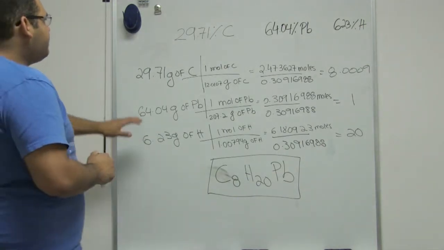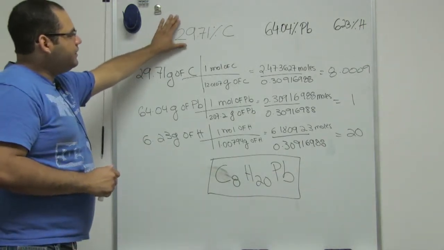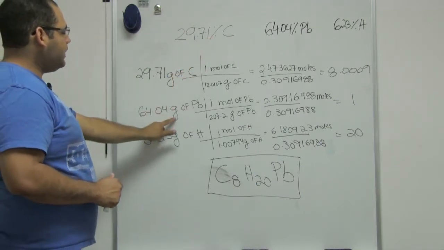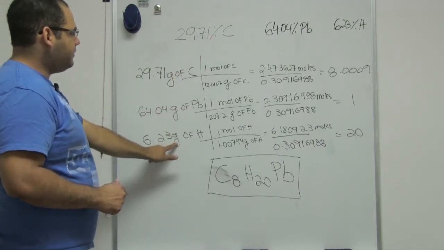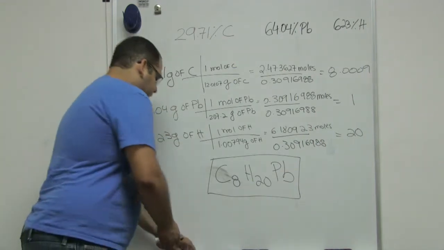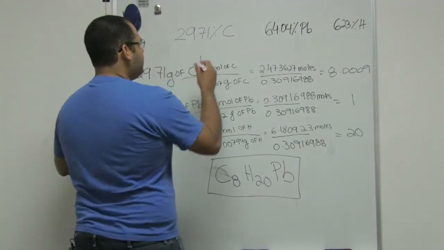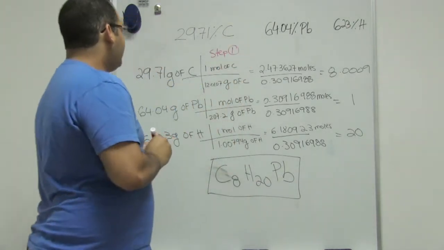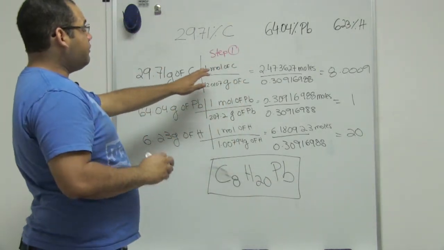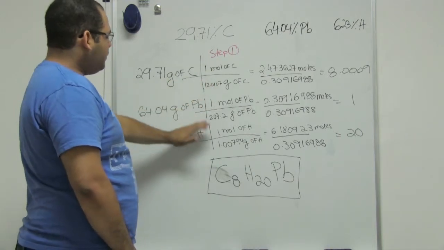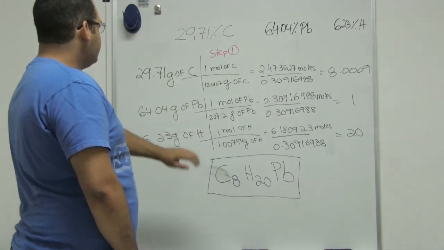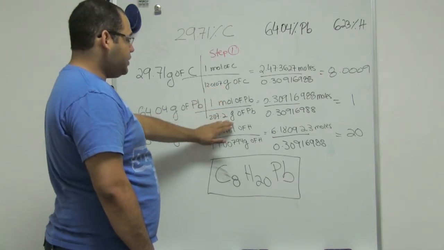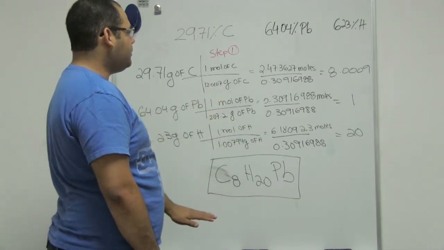Just a review. Again, if I have the percentages, I change the percentages to grams of each one of my elements. Then my next step, I call step 1, I find the moles of each one of the elements I'm working with, dividing by the molar mass of the element, which is straightforward from the periodic table.